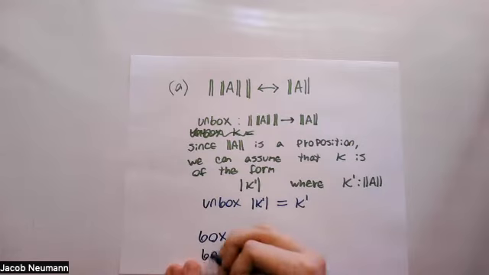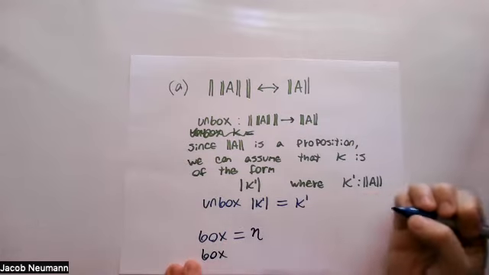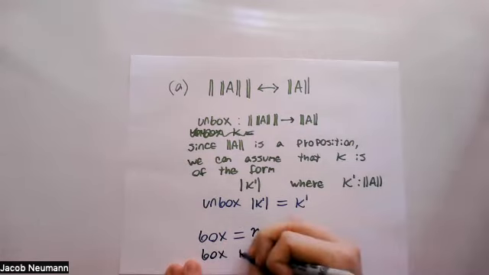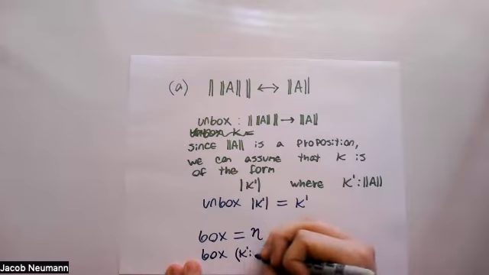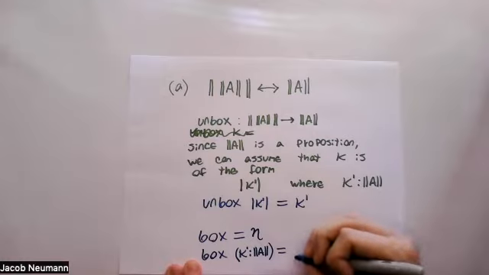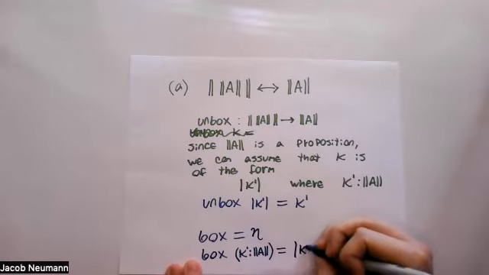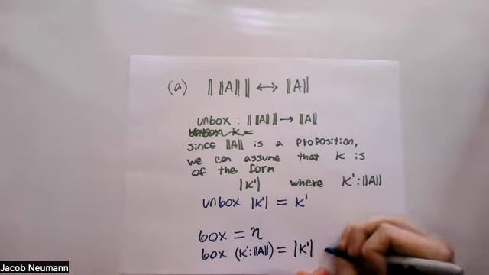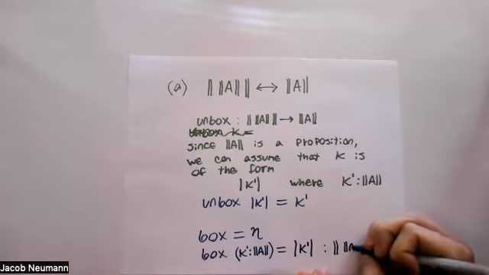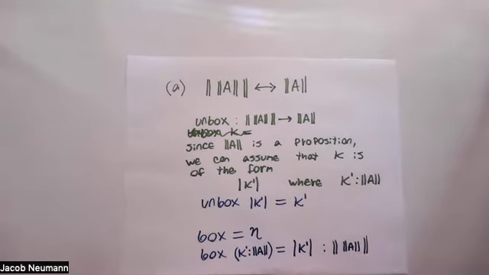So box of some K prime, which is in the truncation of A, we just stick it inside a truncation. So this is in the truncation of A, and that does what we want.